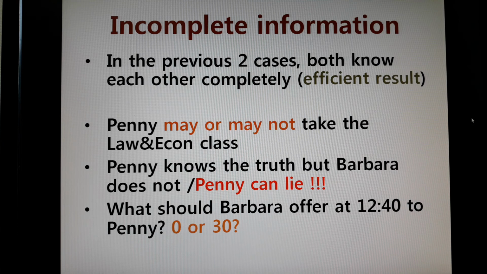If you believe Penny has a class at 1 o'clock, you should offer Penny 0 and you keep 70. But if you believe Penny does not have a class, then if you offer 0, Penny would certainly refuse and you will get nothing. If you worry about that, if as Barbara, you offer Penny 30 and you get 40, then Penny will certainly accept that. And you can keep at least 40.